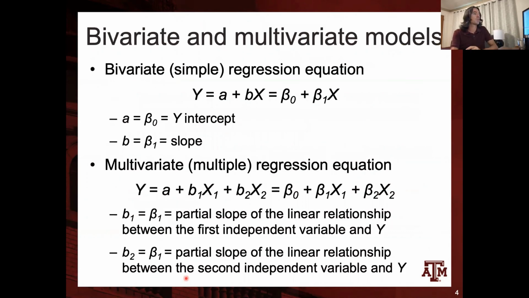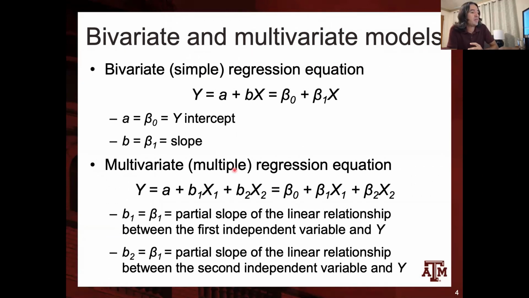So these are examples of a bivariate regression equation. The bivariate regression equation is when we have only one independent variable explaining the dependent variable. Bivariate regression equations are also called simple regressions.